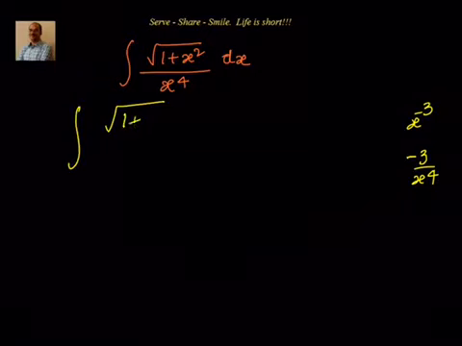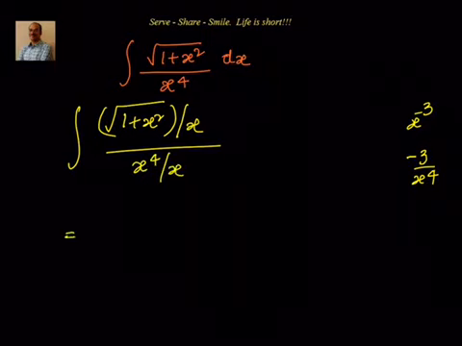Can I write down root of 1 plus x square divided by x, divided by x power 4 divided by x. So this will be equal to, if I take that x inside, root of 1 plus x square by x square.